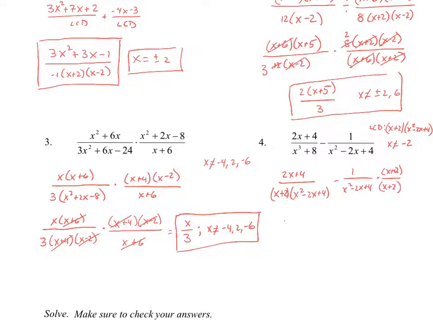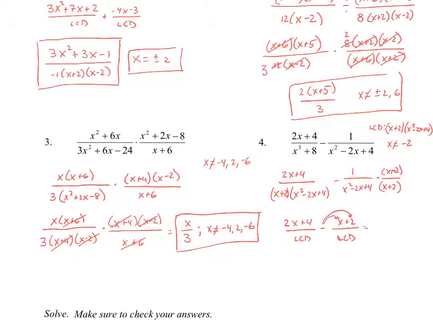And I'll multiply through, so I have 2x plus 4 over my LCD minus x plus 2 over my LCD. Now be careful with subtraction. We have to remember that when we combine these over the common denominator, we have to distribute the negative sign through.